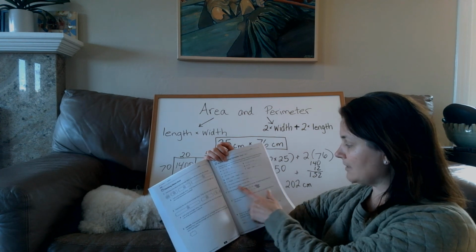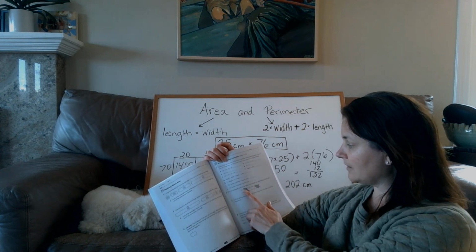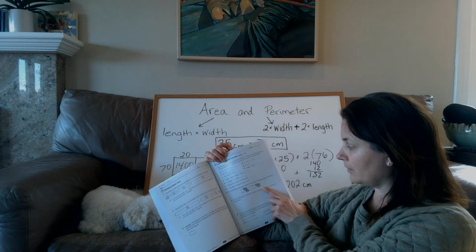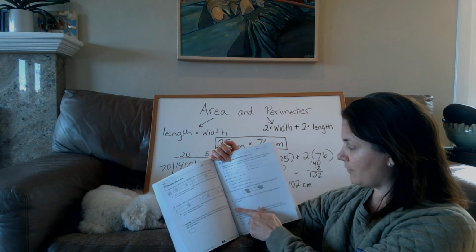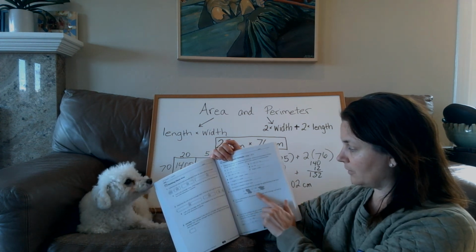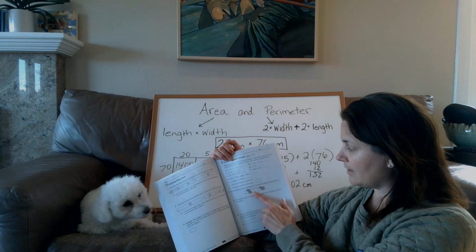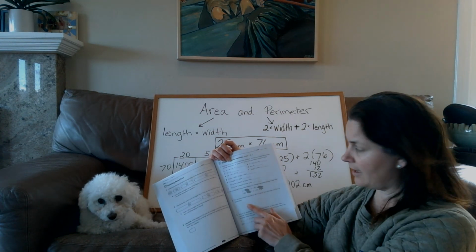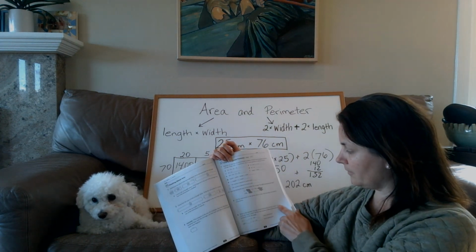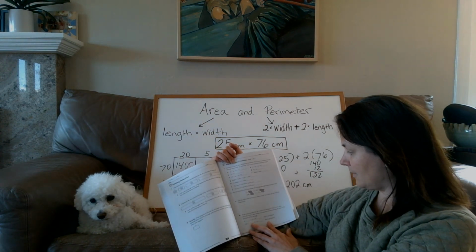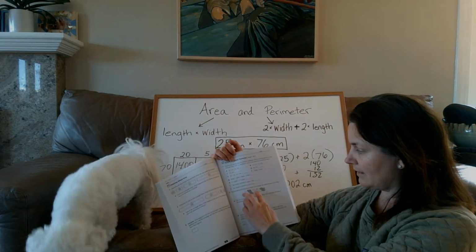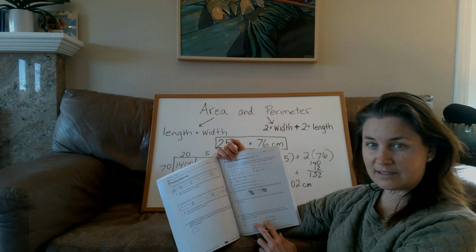So you have to decide if it's area or perimeter. And then they want you to draw what that rectangle would look like and what are the numbers that they are using to find the area or the perimeter. And same thing with down here, where you're using the information from up here to fill in these numbers down here.